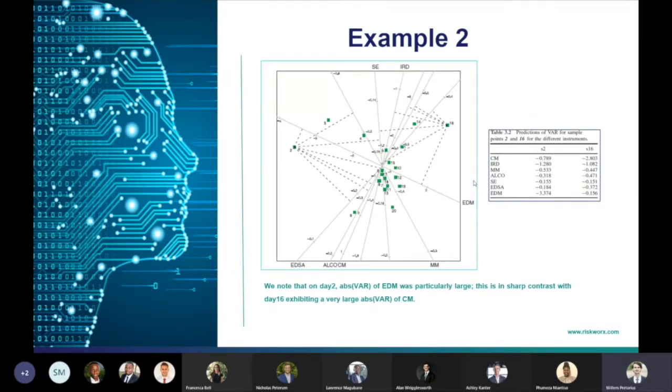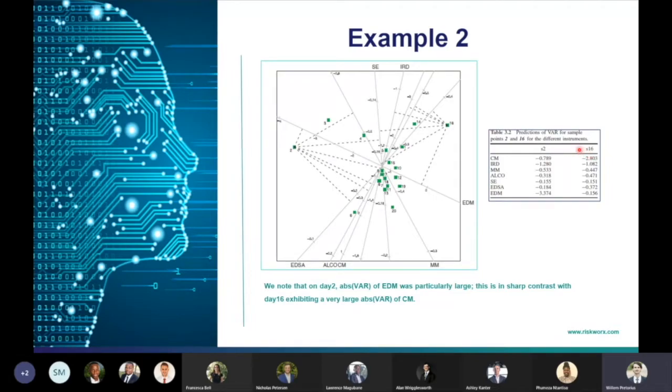Here we note that on day 2 the absolute VaR of EDM was particularly large. This is in sharp contrast with day 16, exhibiting a very large absolute VaR of CM.